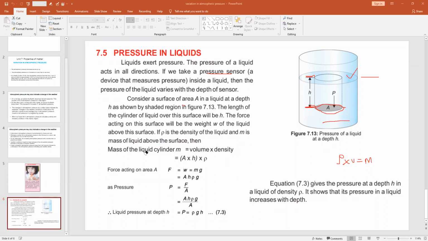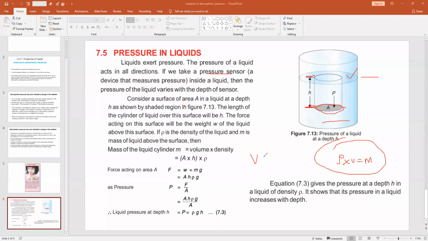So class, the mass of a liquid, m, is equal to volume into density. This is the formula that we have just written here, right? As you know, what is the general formula for volume?